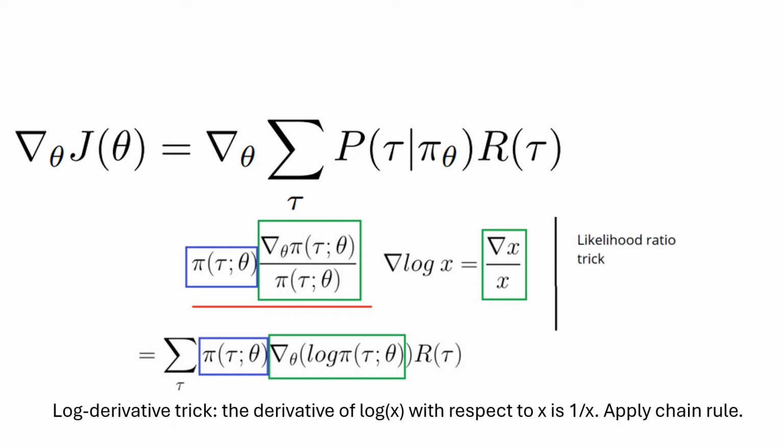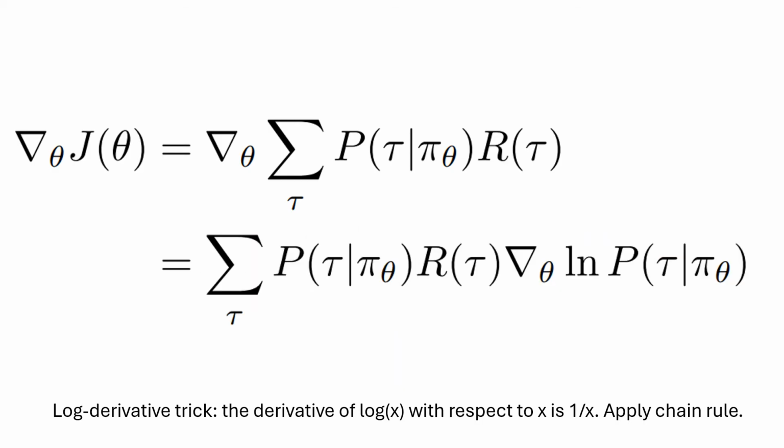This is just an implementation of chain rule, which will give us this. Log likelihood makes gradient computation easier, but it also makes stochastic policies convenient to compute the gradients of their parameters for. It certainly helps significantly if we're planning on using this in an algorithm.